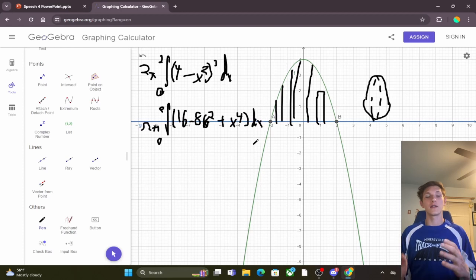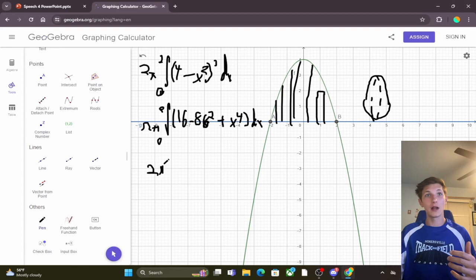For higher powers, let's say we were taking the derivative of x squared, we would swing the power out front and drop it down by one. So 2x would be the derivative of x squared. To undo that, we knock it up a power and put it over that number.